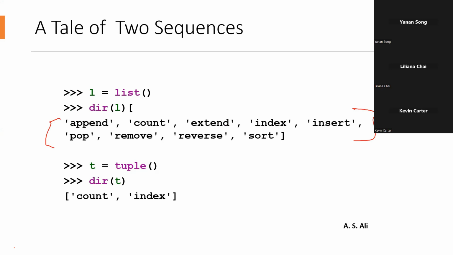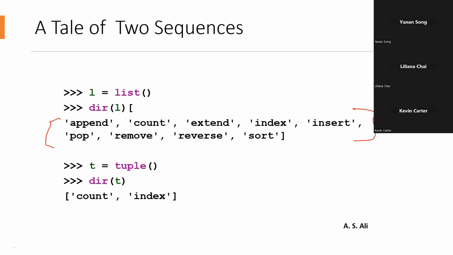Insert also is for adding. Pop is for removing the last element. Remove is for removing a particular element. Reverse is to change the first element, bring it to the last, and the last to become the first. Sort is to arrange things in order, either increasing order or decreasing order or alphabetical order.